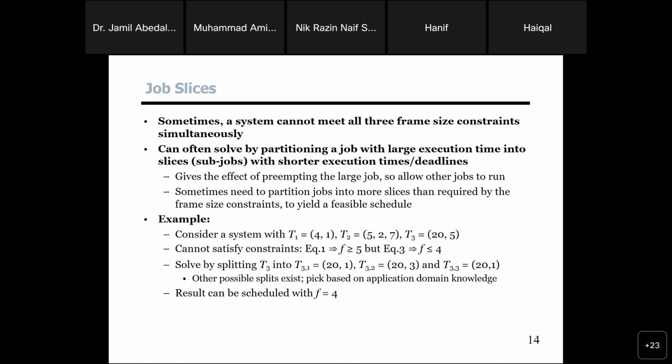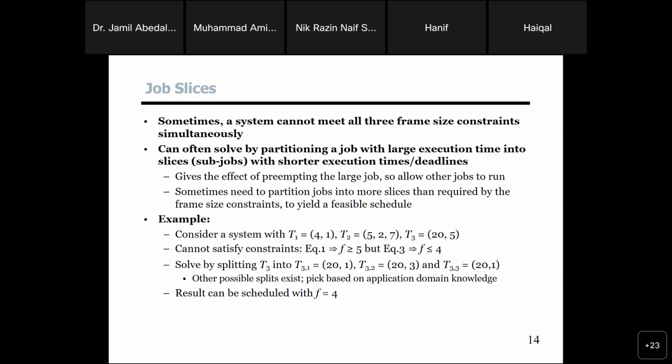Sometimes we will ask you how you can solve the job slice, how you can overcome the missed deadline. It gives the effect of preempting the large job, so allowing other jobs to run. Sometimes we need to partition jobs into more slices than required by the frame size constraint to yield a feasible schedule.